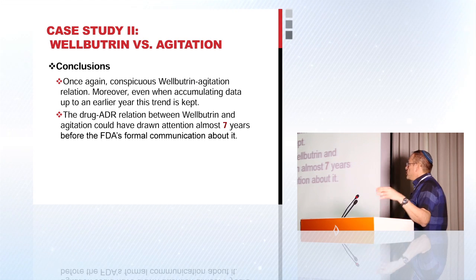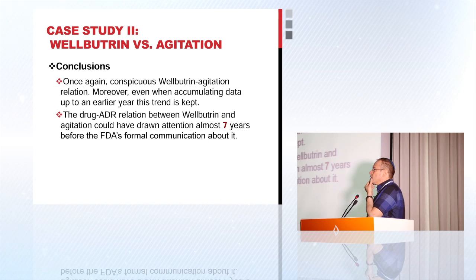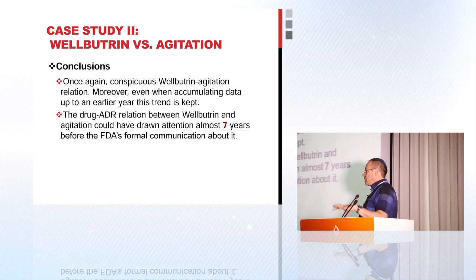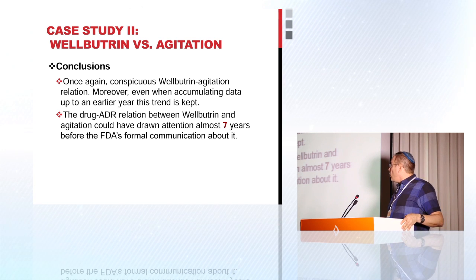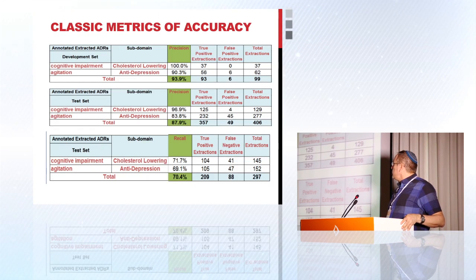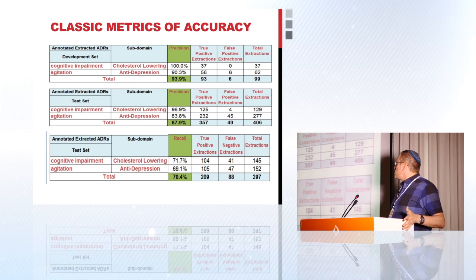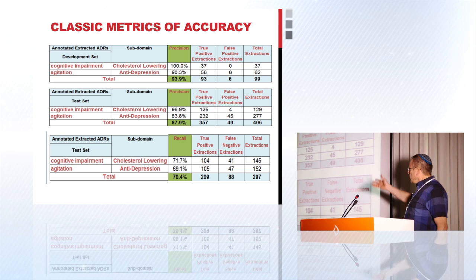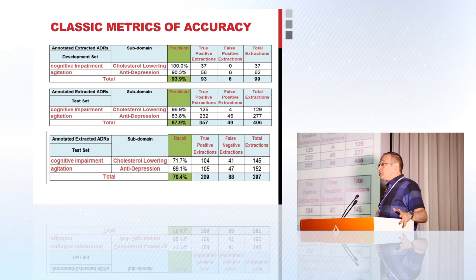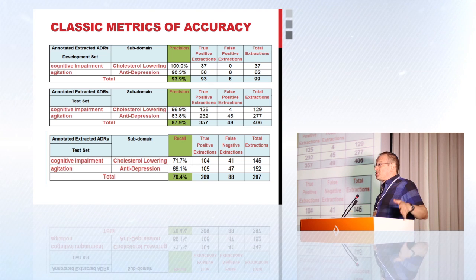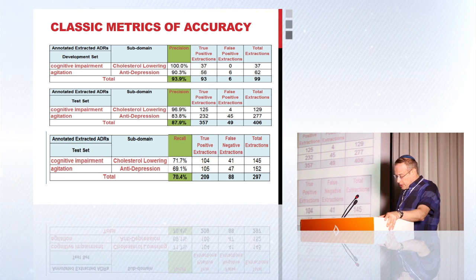So in most of the cases, we saw that any label change that was done by the FDA, just by the analysis of the user forums, we can find it around 7 years before the FDA issued that. Here you can see the accuracy that we got. The precision you can see is around the high 80s, low 90s, and the recall was around 70%. And remember that everything is unsupervised. We didn't write a single rule, so that's pretty nice.